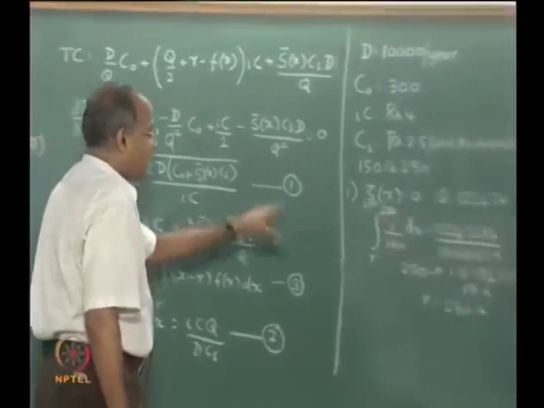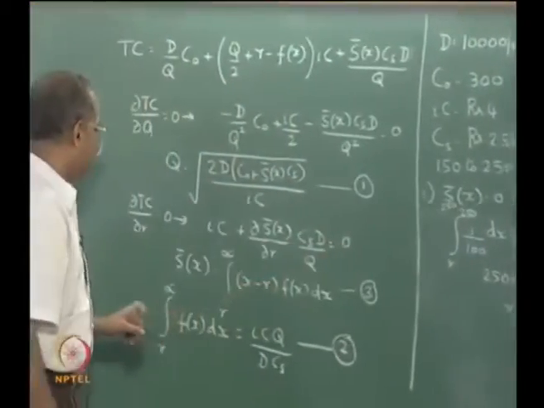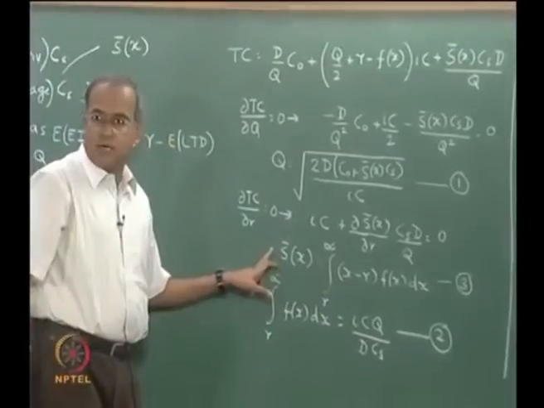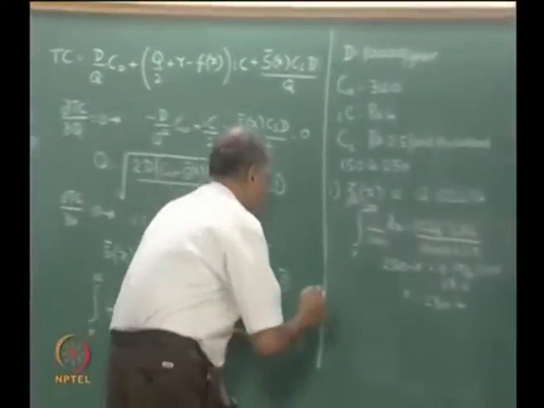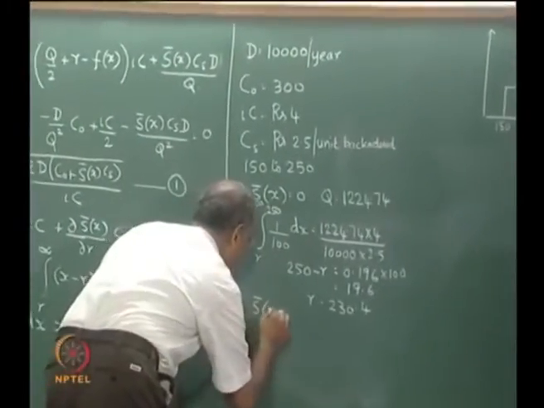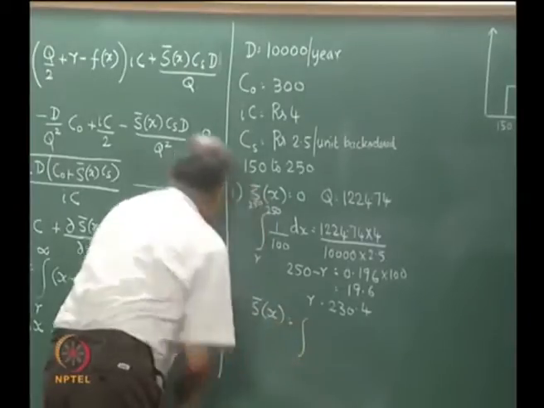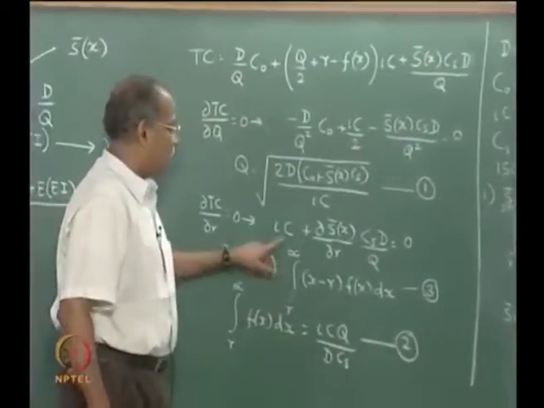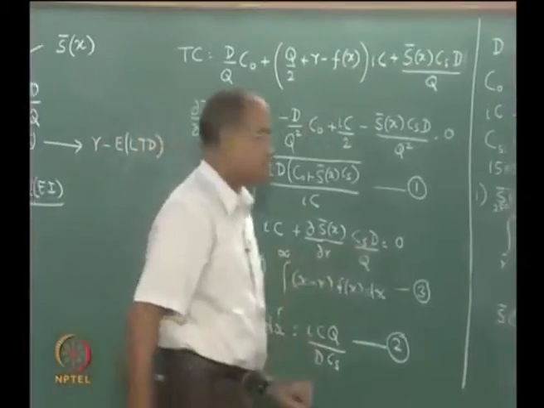Now that we have the value of R, we can use that R here to get S bar of x. So, S bar of x will become the integral from R to infinity of (x minus R) f(x) dx.